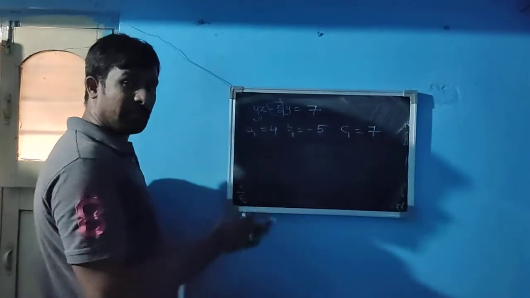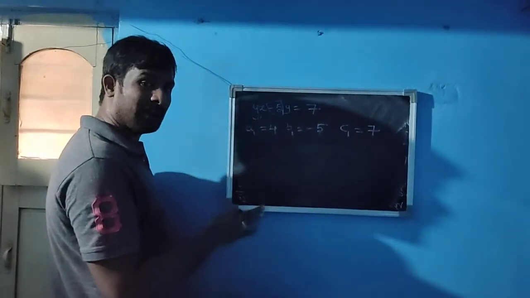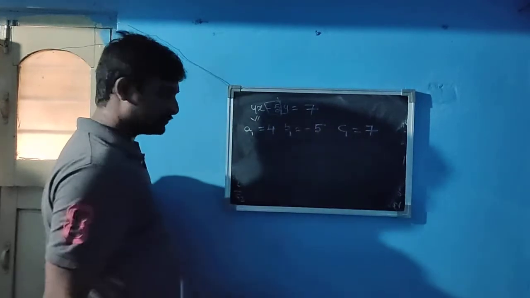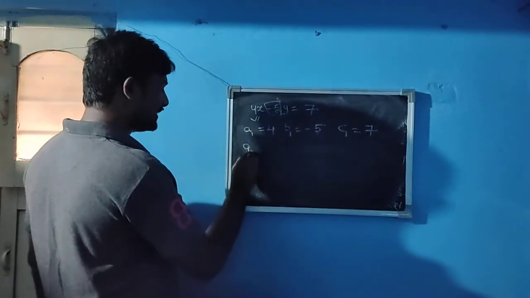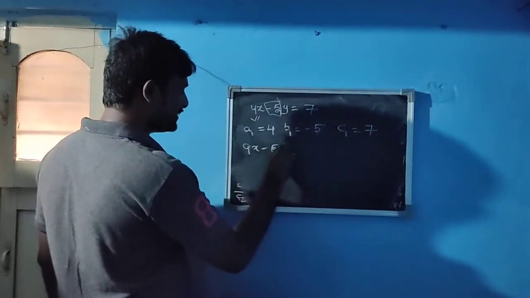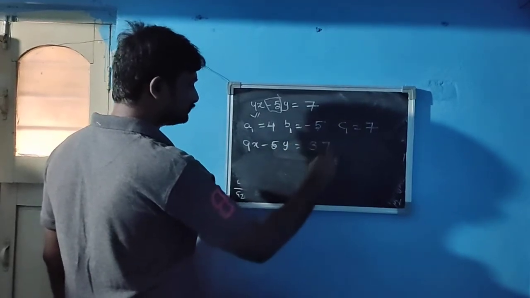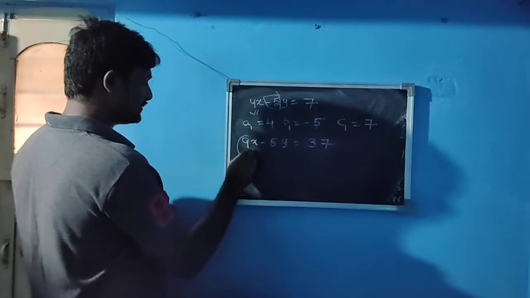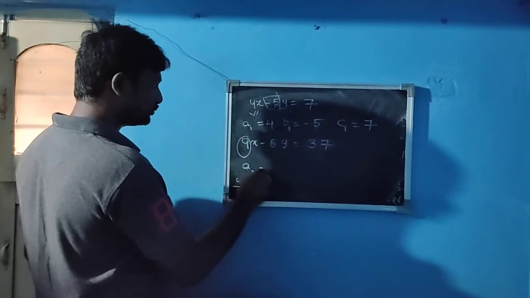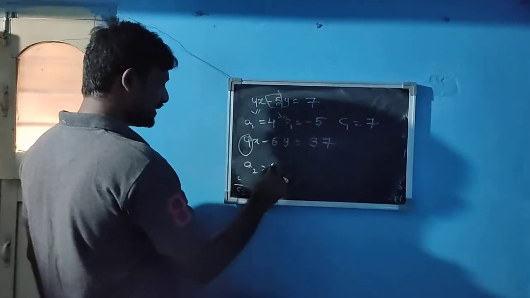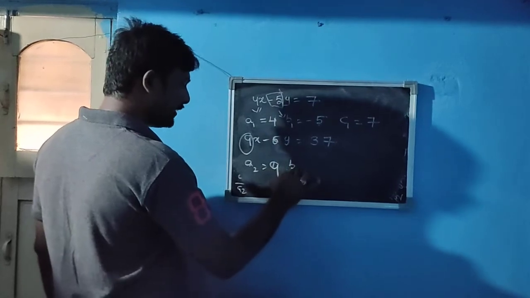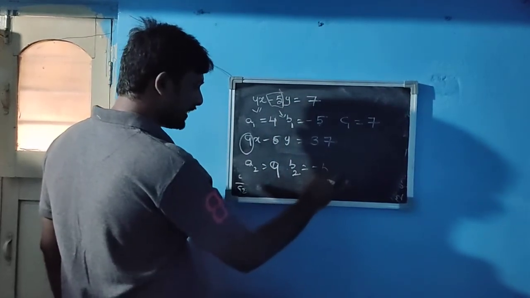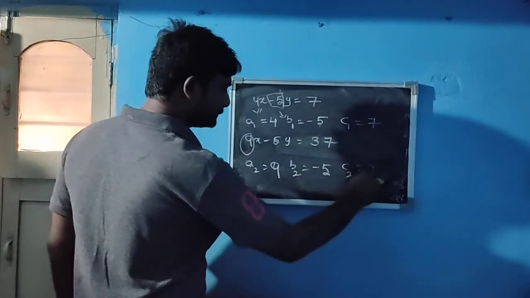Mostly you don't know the A1, B1 and C1 values. Next, suppose 9x minus 5y is equal to 37. It is another pair of linear equations. So this is called A2. A2 value 9, B2 value minus 5 and C2 value 37.